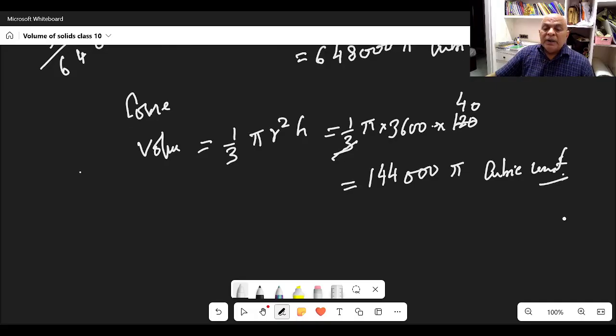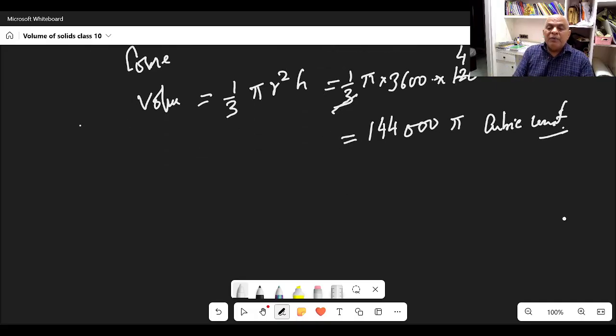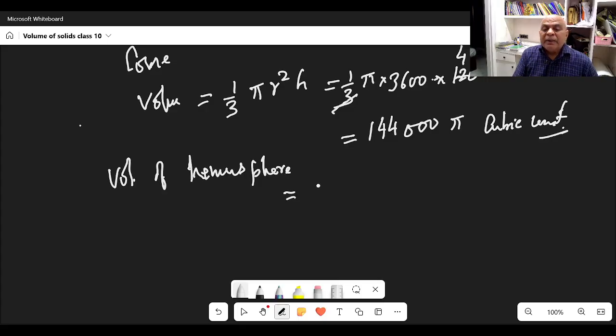Now in last we will find the volume of the hemisphere. How much will it be? We know the volume of a sphere is 4/3 pi r cubed, but this is only half of a solid sphere.